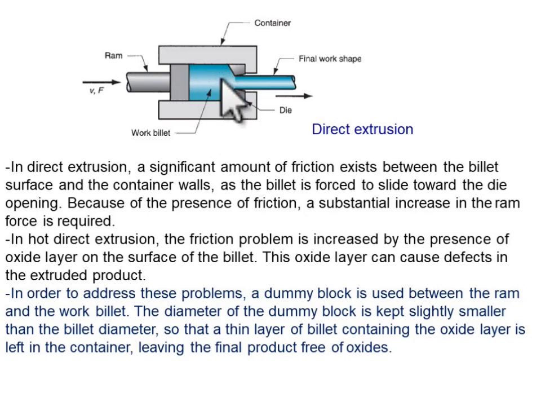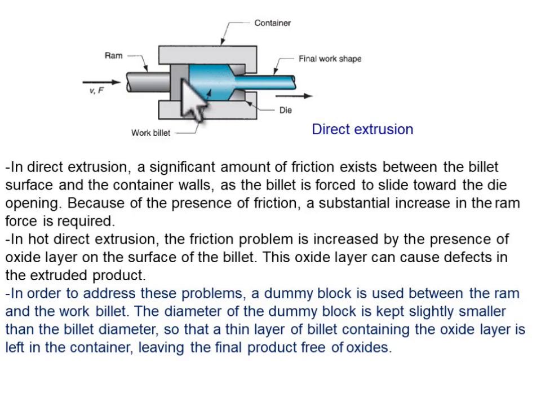In case of direct hot extrusion, what happens? Oxide layers form, because we know that at high temperature oxide layers form over the metal component. To avoid this oxide layer that is formed over the surface, we use a component between the billet and the ram, and the size of this component should be slightly lower than the diameter of the ram, or you can say the diameter of this work billet.